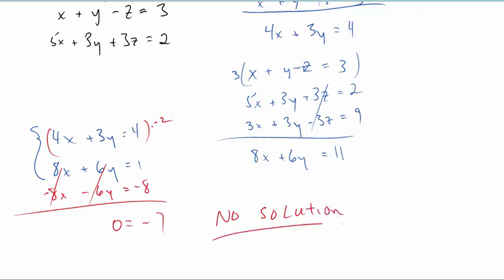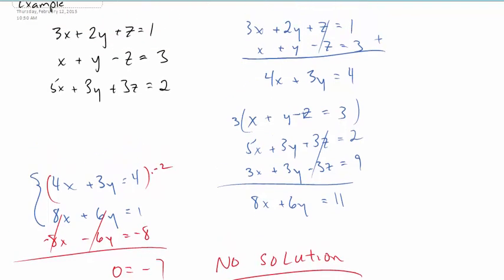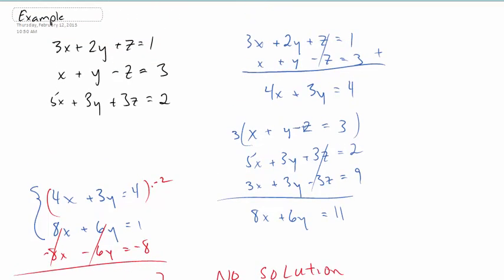Now the question becomes, which of those three no solution cases is this? Do we have any parallel planes? And the way we tell that is we look at the normals of these planes. The first plane has a normal of 3, 2, 1. So if any other normal is a scalar multiple of that, they're going to be parallel.